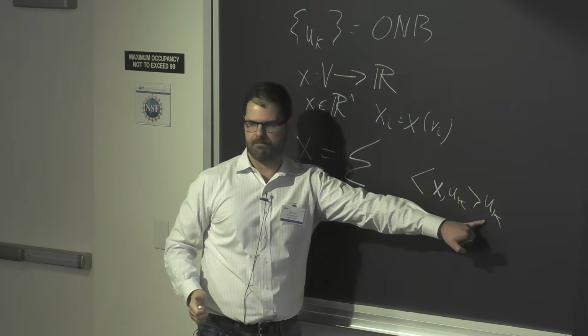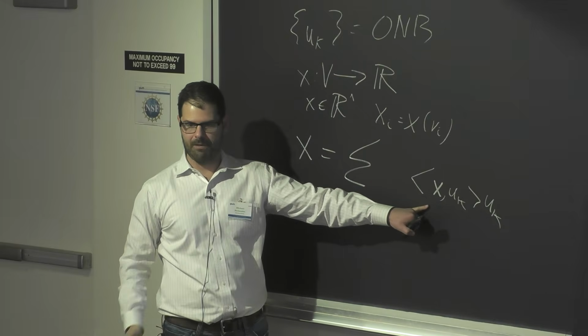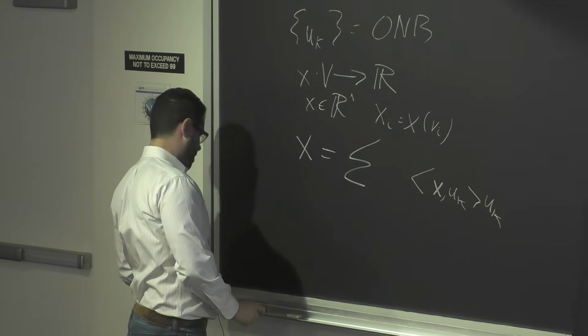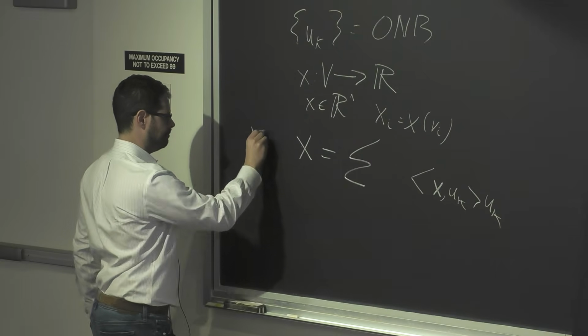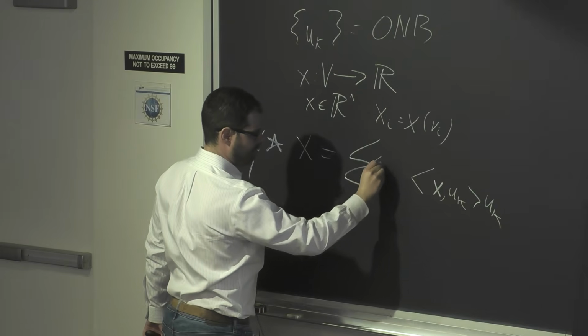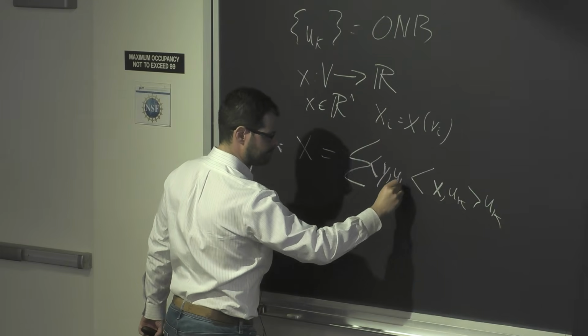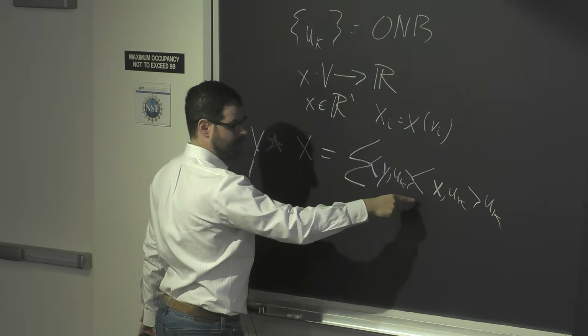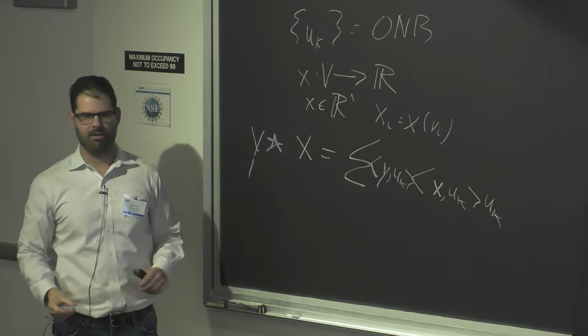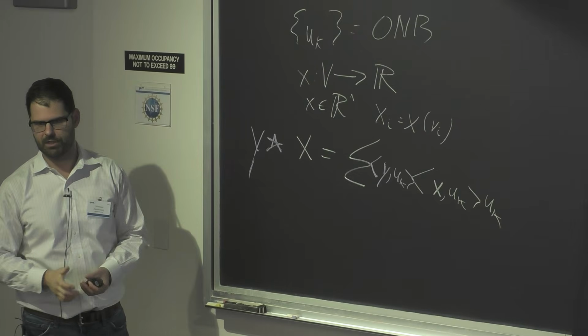You can expand this in this basis where the coefficients are given by taking an inner product. So then if I wanted to do a convolution, I would also have y. This is the Fourier coefficient of y, this is the Fourier coefficient of x, and this is the unique signal that has Fourier coefficients which multiply together.